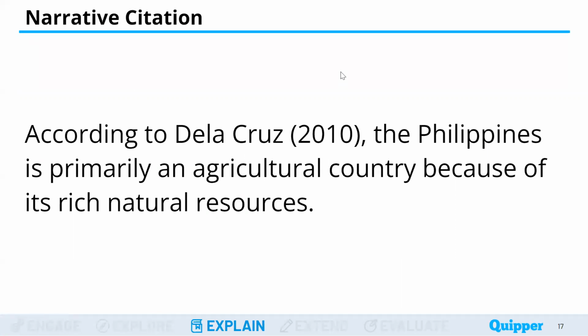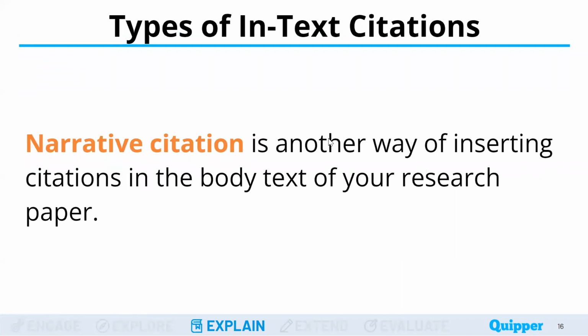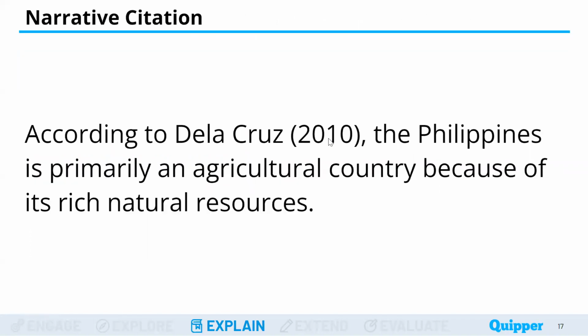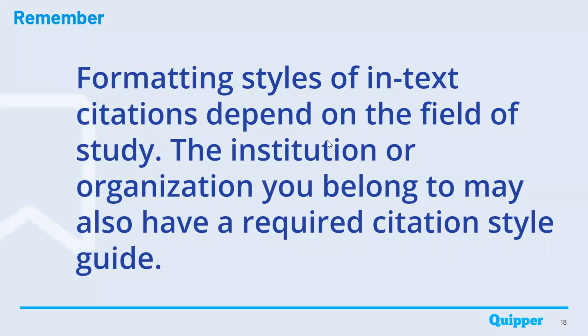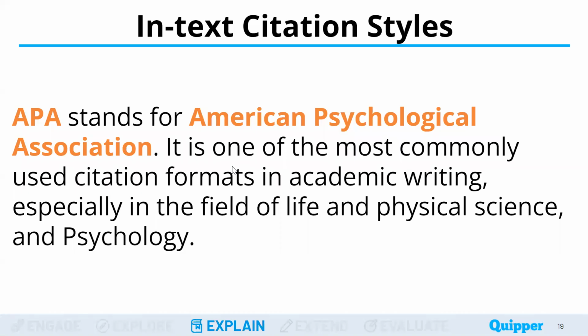Usually, ganito natin siya pinapresent. Okay? Remember, formatting style of in-text citation depends on the field of the study. The institution or organization you belong to may also have a required citation style guide. Okay, so depende rin yan sa school kung paano nila gustong i-present yung mga citation natin.